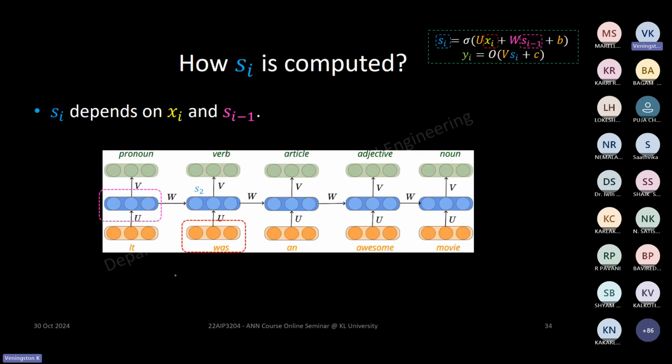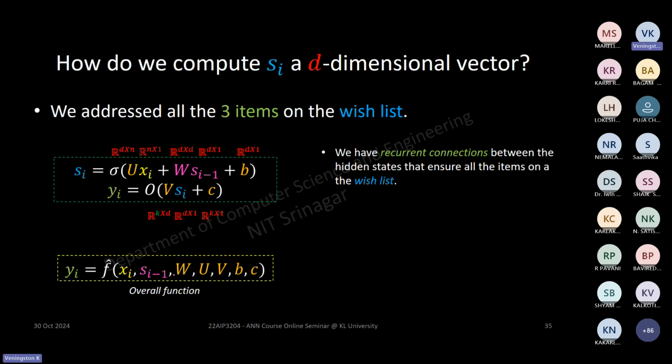This is all that we have just discussed. Now, as we can see here, the sizes of the dimensions are given. The size of x is R^n cross 1, because input is always going to be an n-dimensional vector.